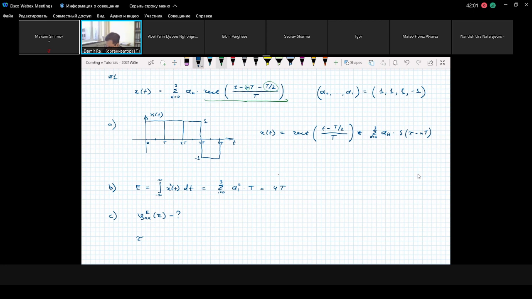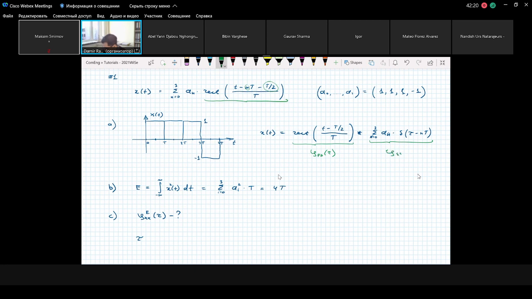In order to find the autocorrelation for x of t, we need to find the autocorrelation for the pulse shape function, and the autocorrelation for this sequence of delta pulses.